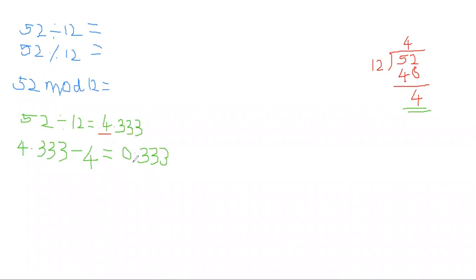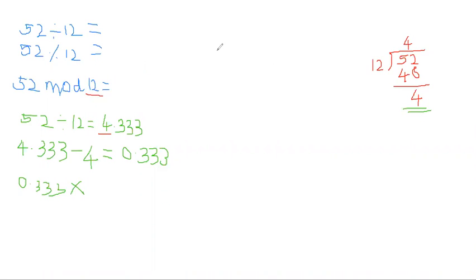Now the next step: we have to multiply. With whom am I going to multiply? With this value that I got, that is 0.333, you just multiply with the value you had at the start, that is 12, right?